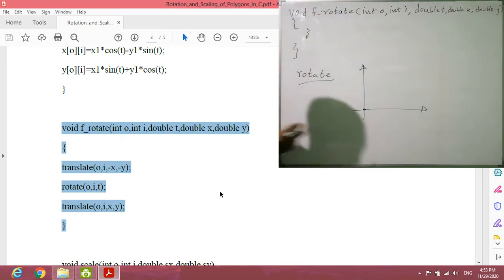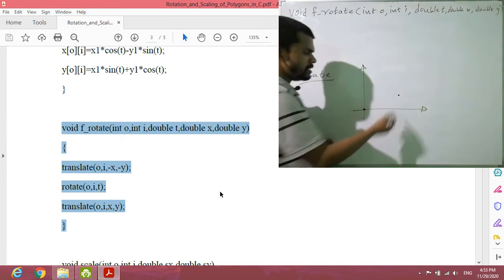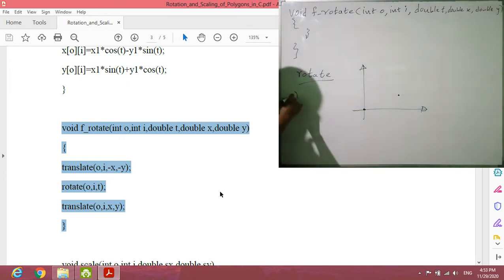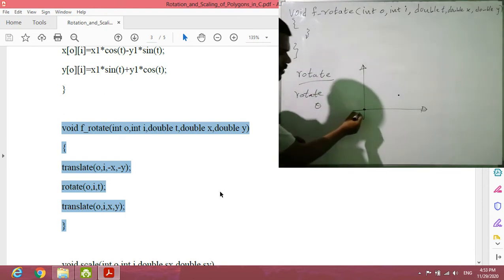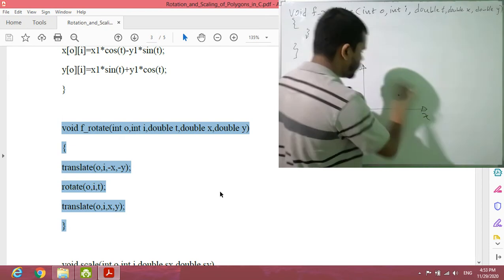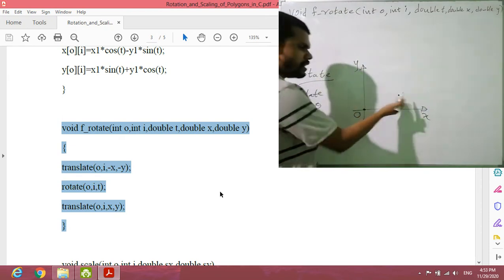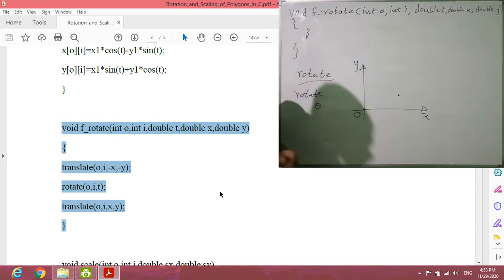If we apply the rotate function by an angle theta, then it will rotate around the origin by an angle of theta in the anticlockwise direction.